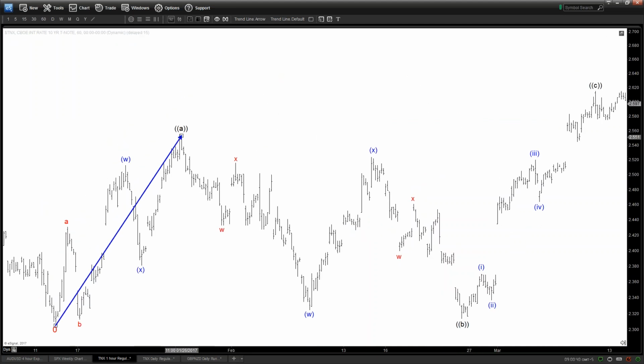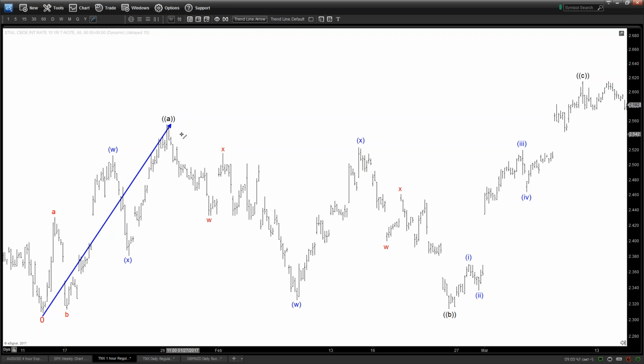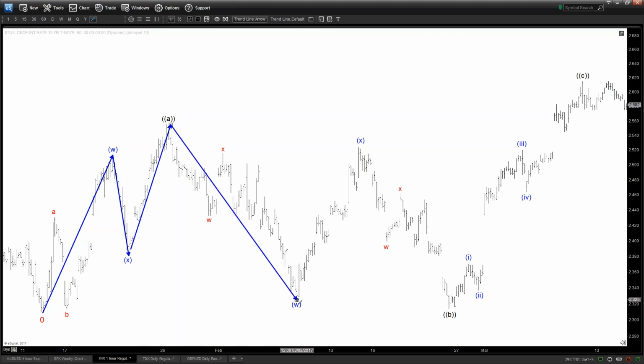I got B. I got C, right? A flat. Now look at this. We got 3 waves from here. We got 3 waves here. We got 5 waves up.